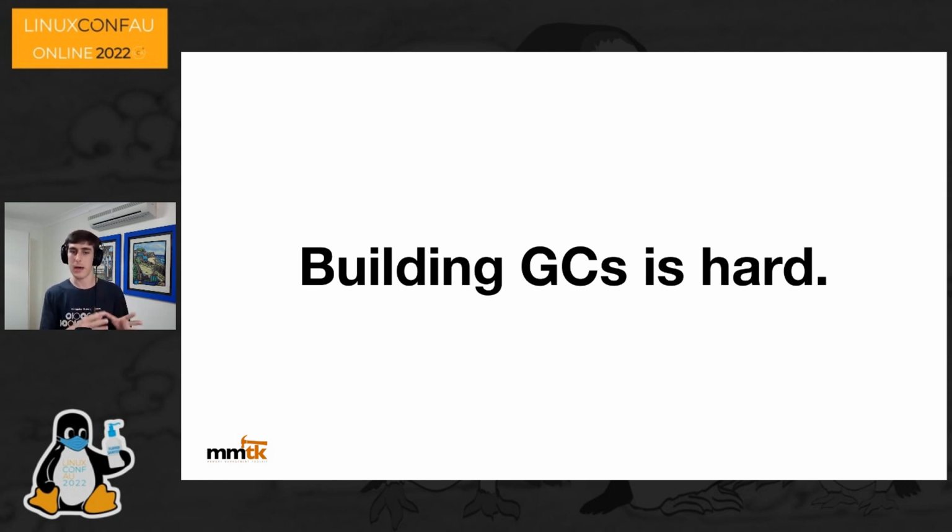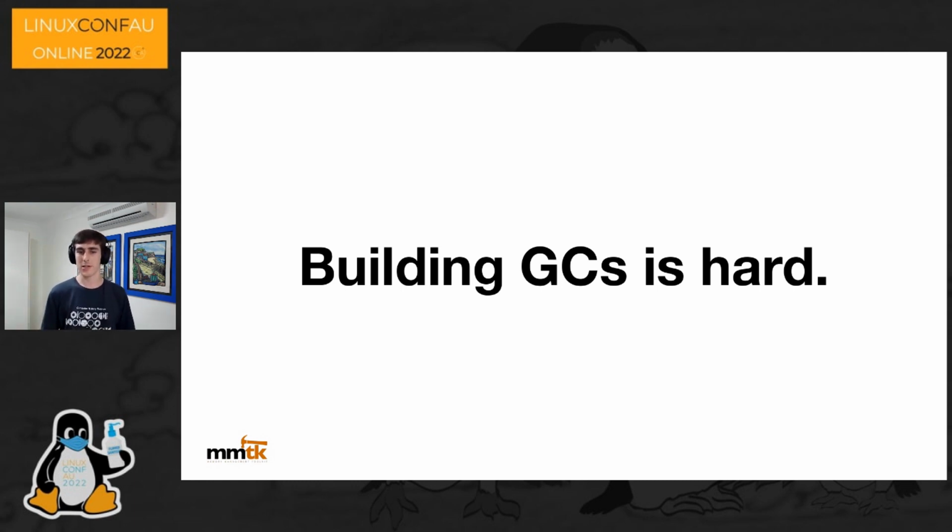If a GC has a bug and collects an object that's still reachable, that can have huge ramifications on the correctness of the program. Later on, some programmer could try and access that object, and suddenly everything segfaults and grinds to a halt because the garbage collector has a bug in it. This would be a huge problem, as you can imagine. And finally, performance requires specific domain knowledge to improve with GCs.